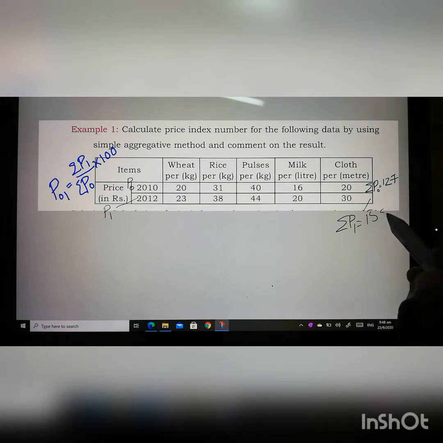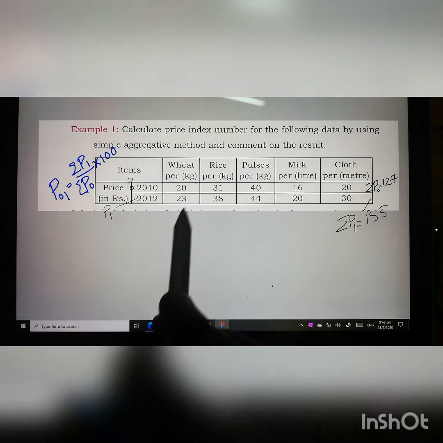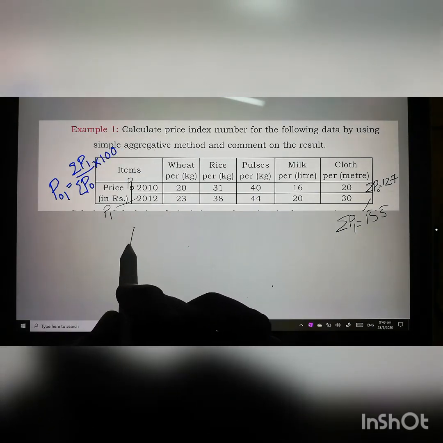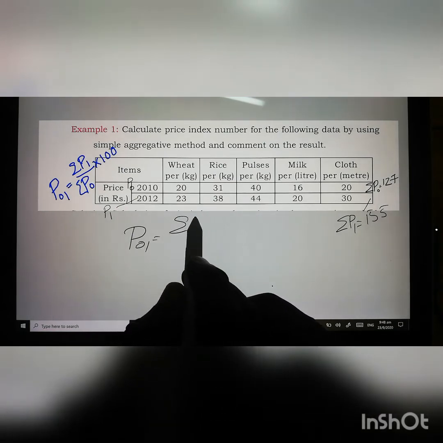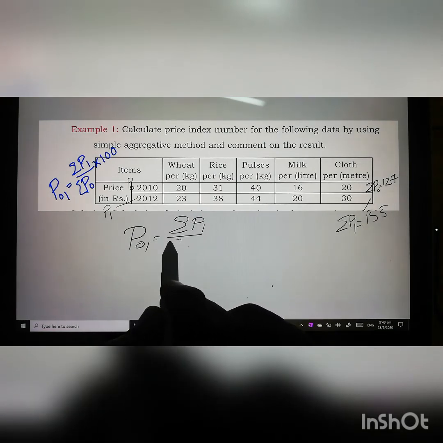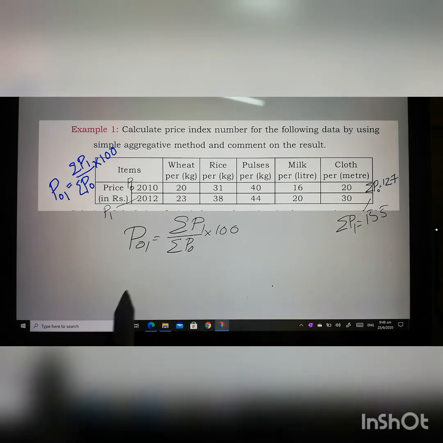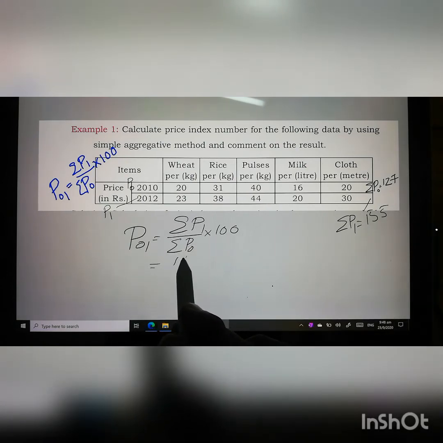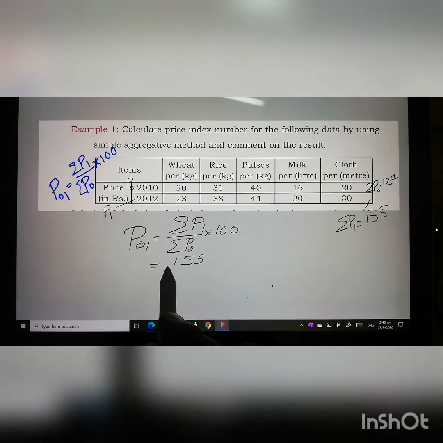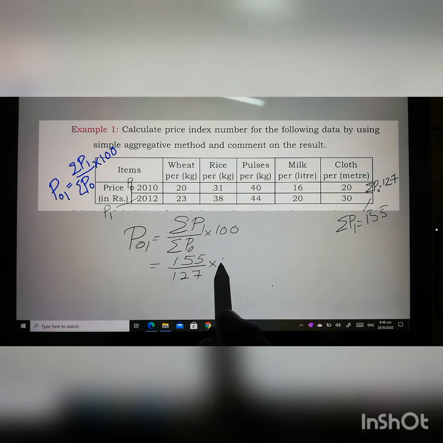So the current year total is 155, students. Now they said simple aggregative method. The formula for simple aggregative method is P01 is equal to summation P1 divided by summation P0 into 100. So the sum of all P1 is 155, and the sum of all P0 is 127, into 100.